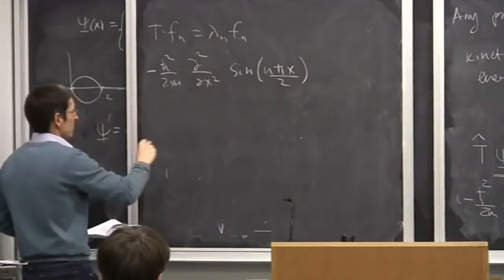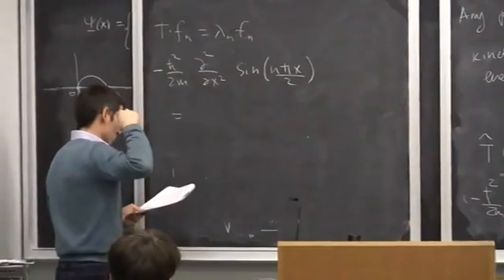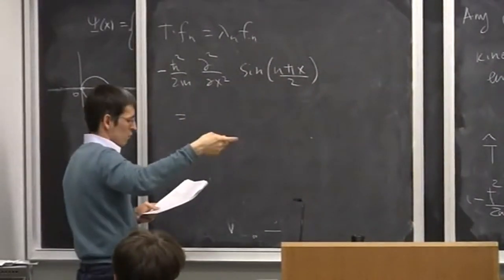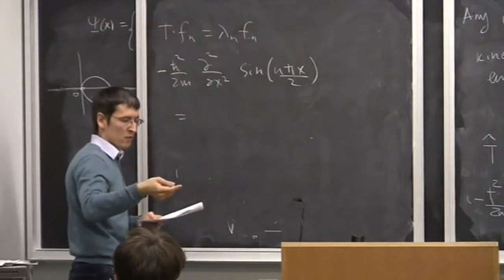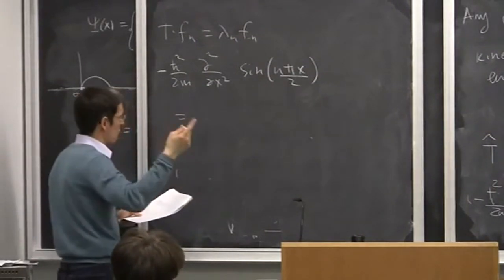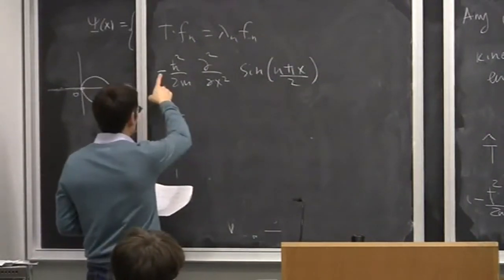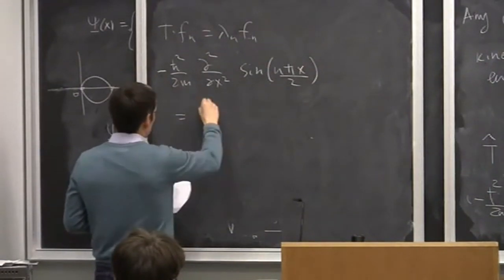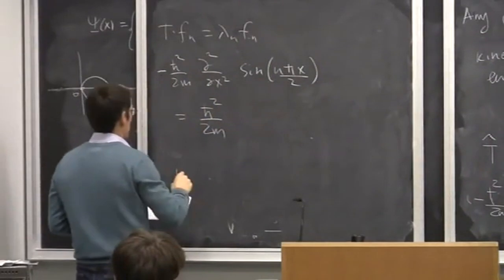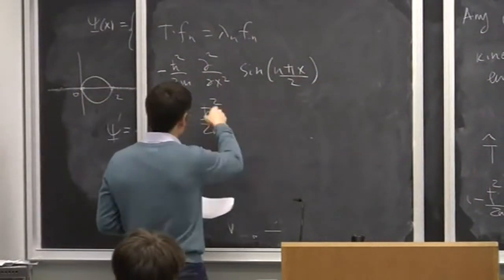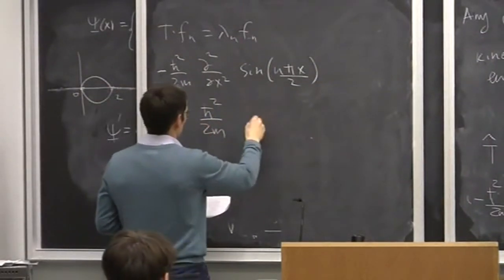Okay. So when you differentiate sine, first time you get cosine with plus, but when you differentiate cosine, you get minus sine. So there is a -1 that cancels this minus, and the result is positive, h bar squared divided by 2m.